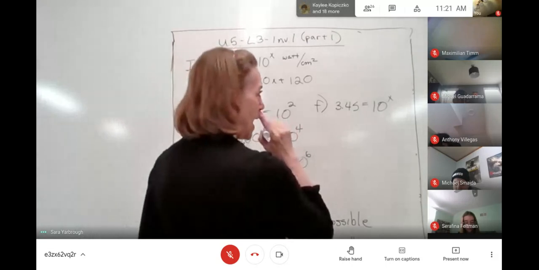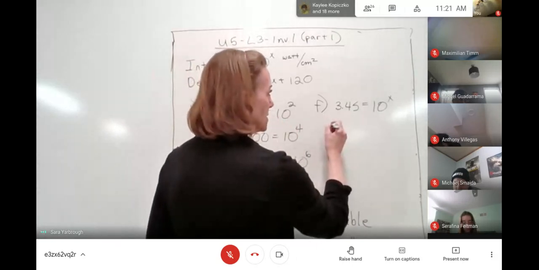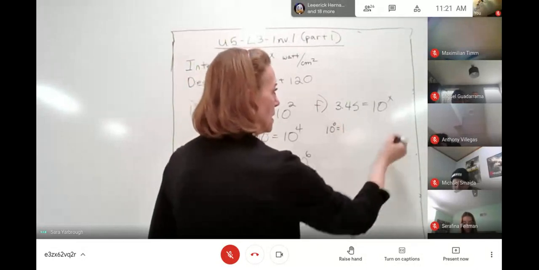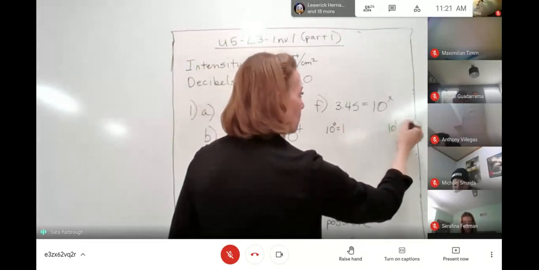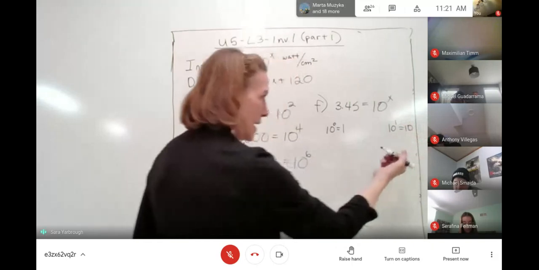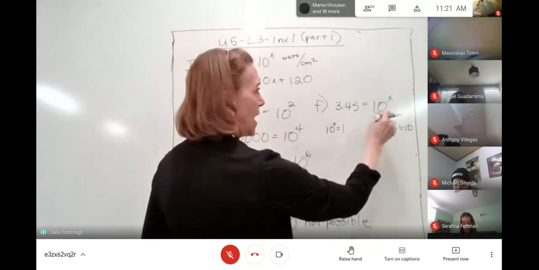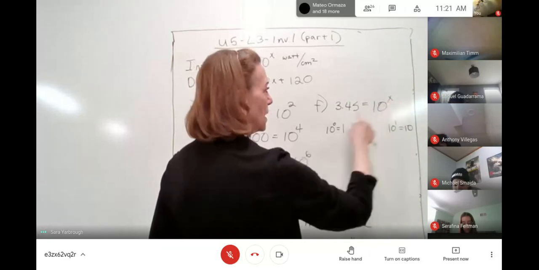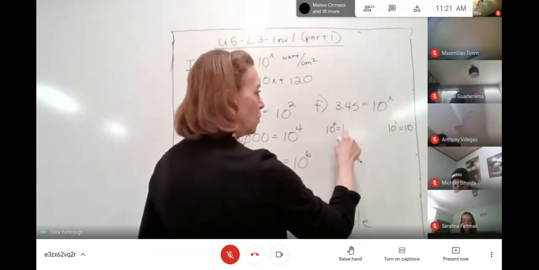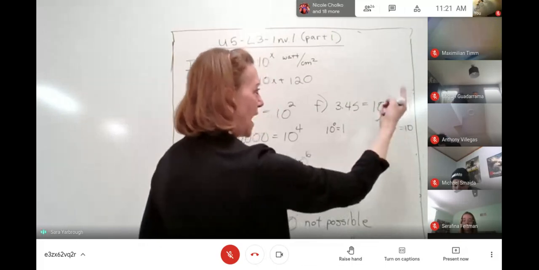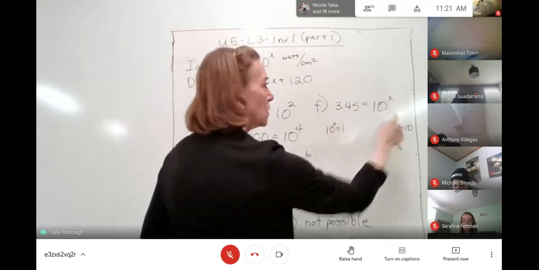You know that 10 to the 0 equals 1, and 10 to the first power equals 10. So does it make sense that this exponent, because 3.45 is between 1 and 10, is going to have to be somewhere between 0 and 1?